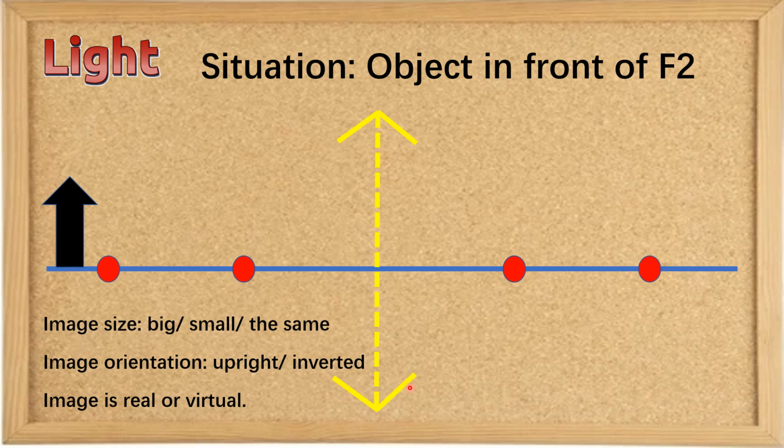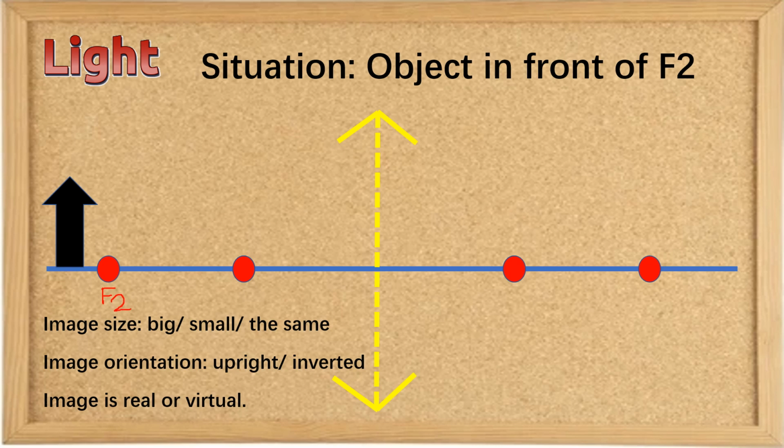Also, since light can be coming from this side or from this side, that's why we have two focal points and two F on this side. So in our example, the object is in front of your F2. So again, this is your F2 or 2F.